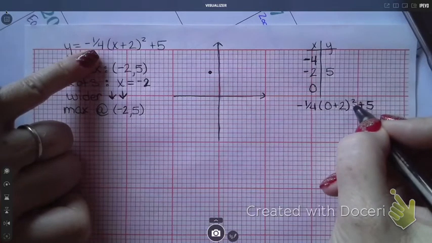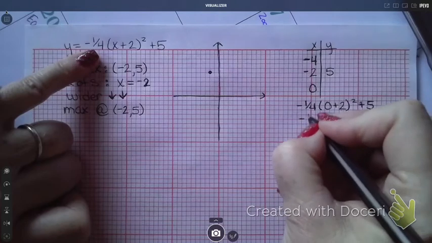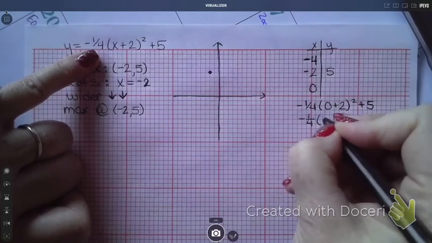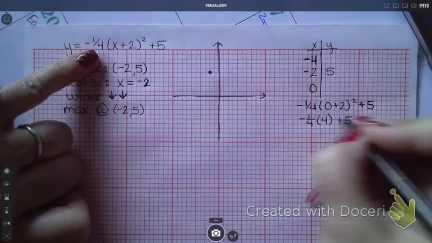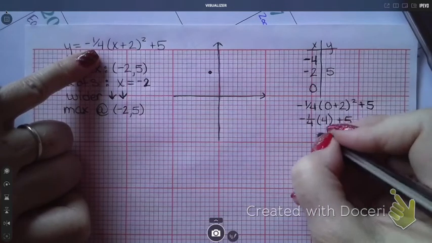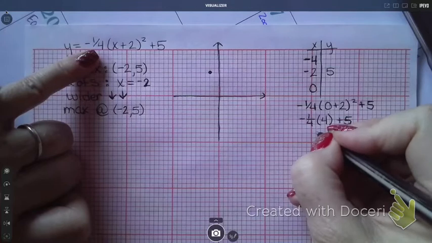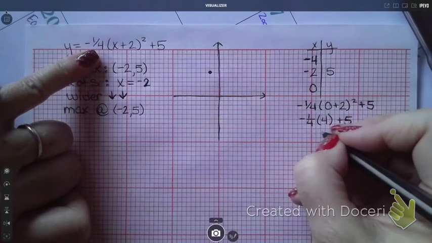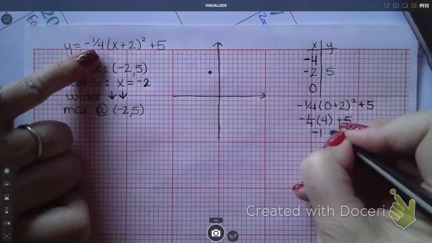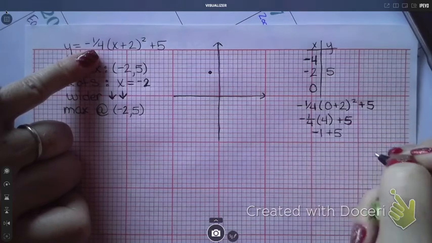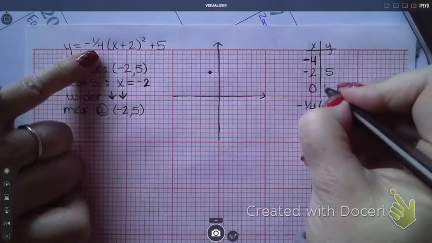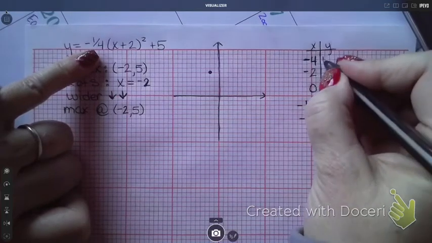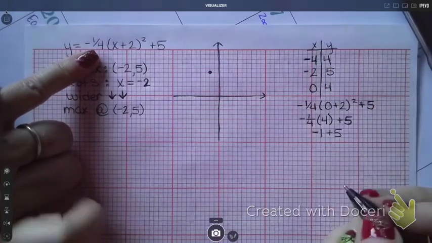Squared is 4. So I have negative 1/4 times 4 plus 5. So what's negative 1/4 times 4? Negative 1. So negative 1 plus 5, which is positive 4. So if it's 4 on the 0, it should be 4 on the negative 4, right?